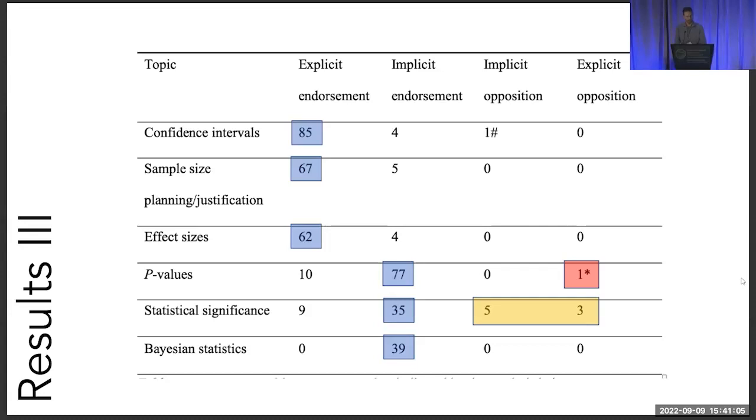Then in yellow, you can see that 3 journals explicitly opposed and 5 implicitly opposed the use of statistical significance testing. More commonly, as shown by the blue highlights, journals implicitly endorsed the use of p-values, statistical significance, and Bayesian statistics, and they explicitly endorsed reporting of effect sizes, confidence intervals, and sample size justifications.